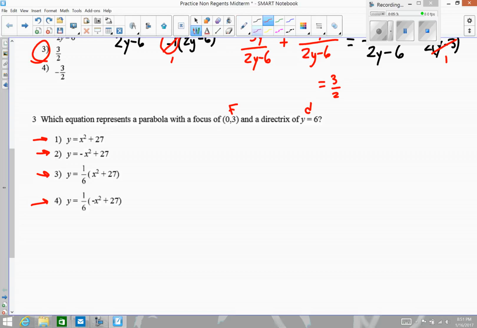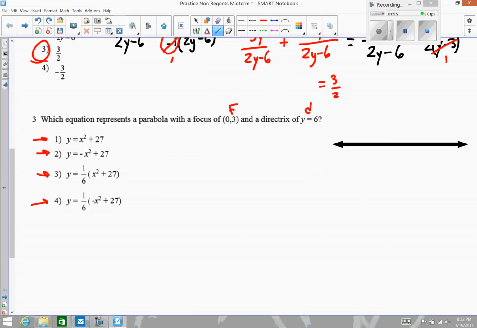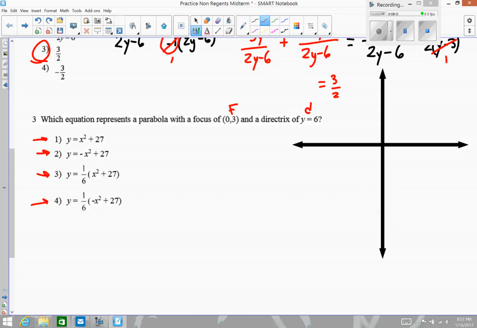I want to draw myself some axes. There's my x and y axis.